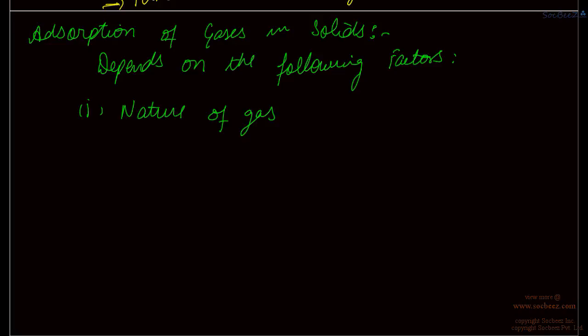Since physical adsorption is non-specific in nature, any gas will be adsorbed on the surface of a solid to some extent or other. However, under any given conditions of temperature and pressure, easily liquefiable gases such as NH3 or HCl or Cl2 are adsorbed more than permanent gases like H2, O2 or N2.